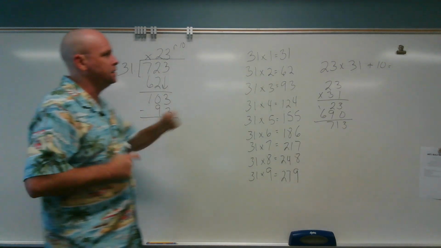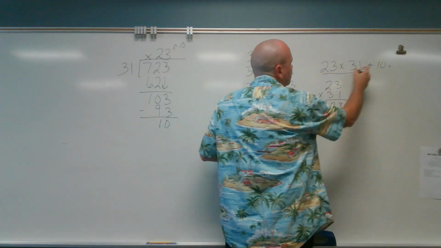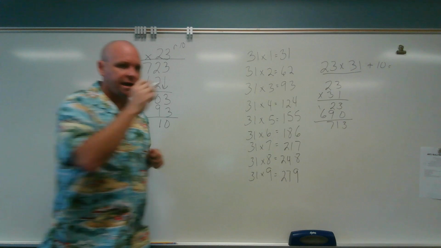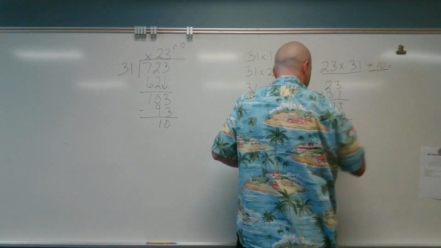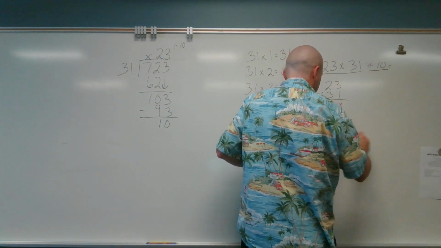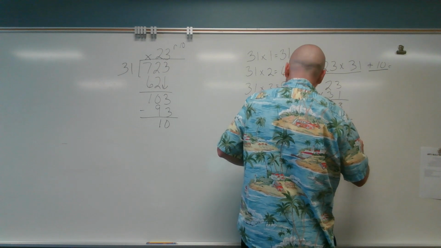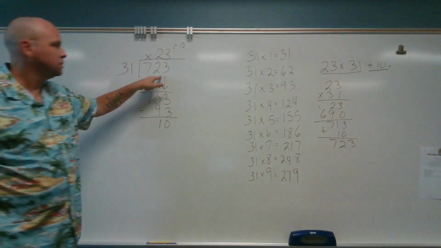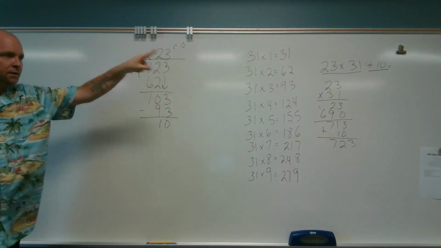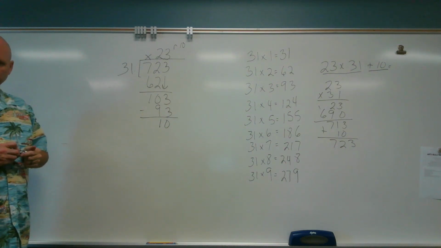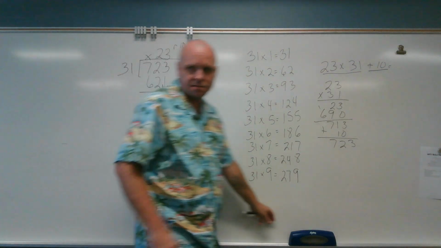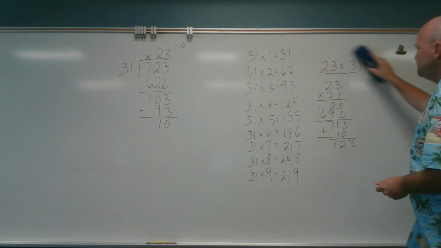Awesome, 713. So we've done this part of our equation. Now we need to add 10. We add 10, and we get 723, which was our dividend. So we did everything here correctly. Making sense? Yes. Awesome.